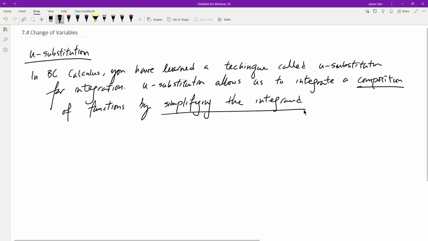But before we do that, let's do a simple example first, just to illustrate the technique. Even though we are using change of variable for a very different reason than U substitution, the technique we're going to be using is almost identical, except that we're doing it with more variables.